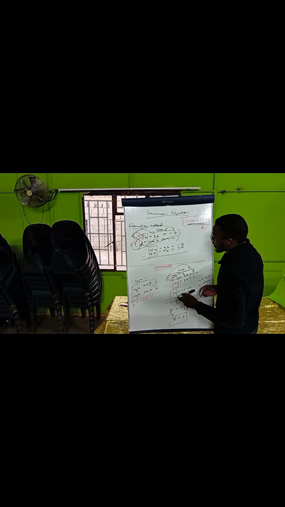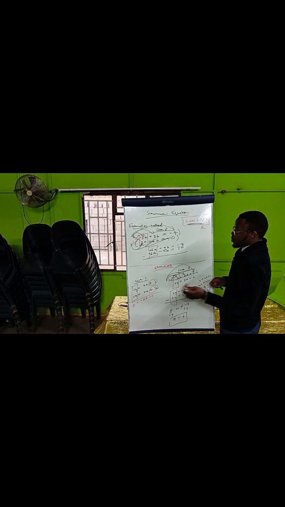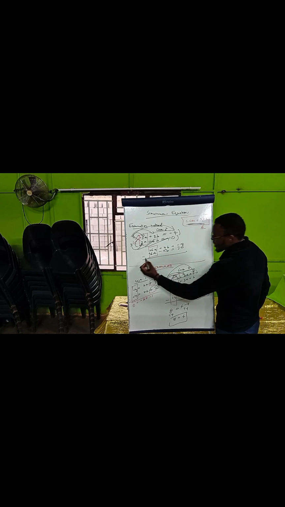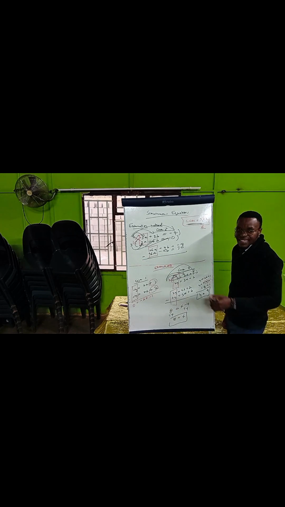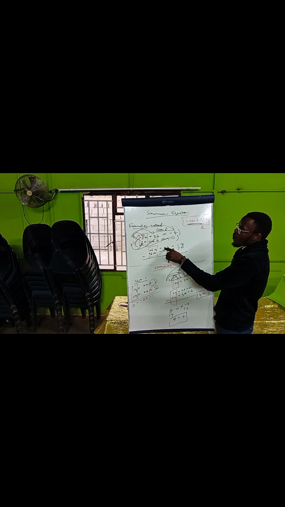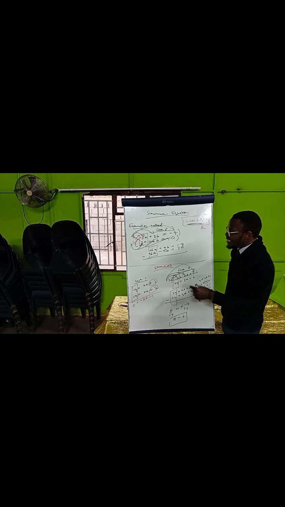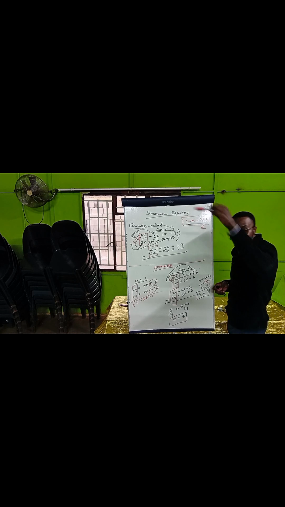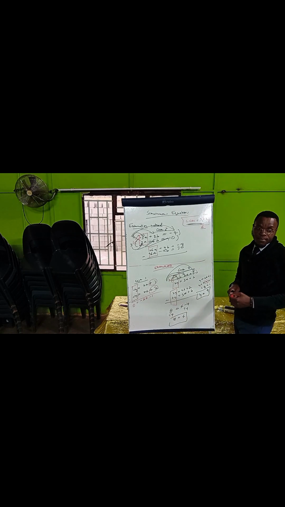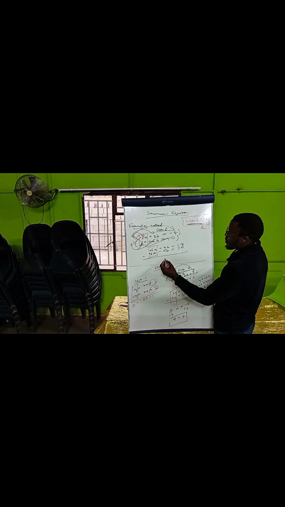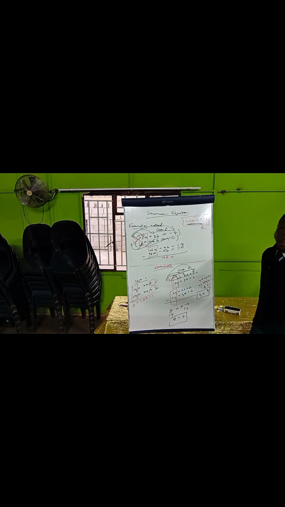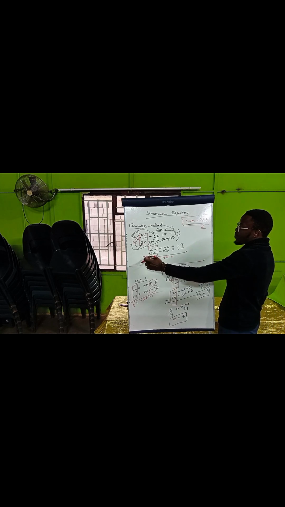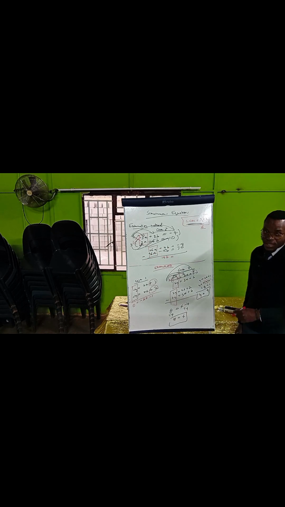So 6A minus 6A gives us 0, so it's already eliminated. This is where it gets interesting. This is not 4B minus 15B, but this is 4B minus negative 15B, which gives us 19B, because a negative following another negative gives a positive.